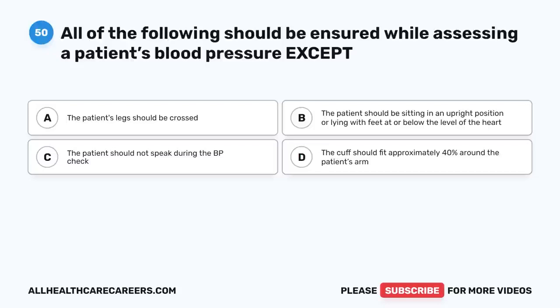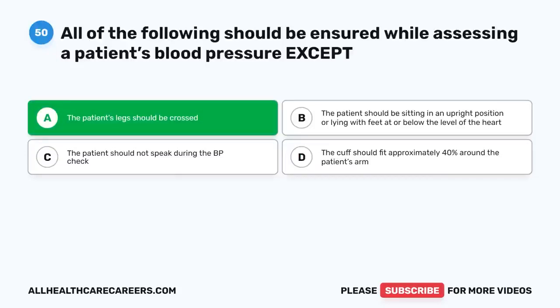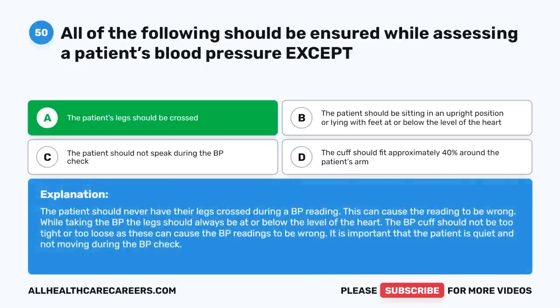The correct answer is A. The patient's leg should be crossed. The patient should never have their legs crossed during a BP reading. This can cause the reading to be wrong. While taking the BP, the leg should always be at or below the level of the heart. The BP cuff should not be too tight or too loose, as these can cause the BP readings to be wrong. It is important that the patient is quiet and not moving during the BP check.